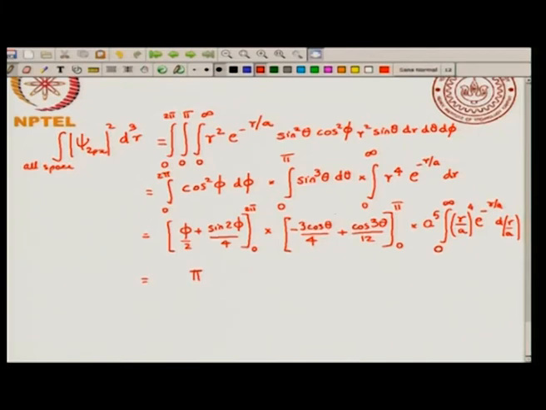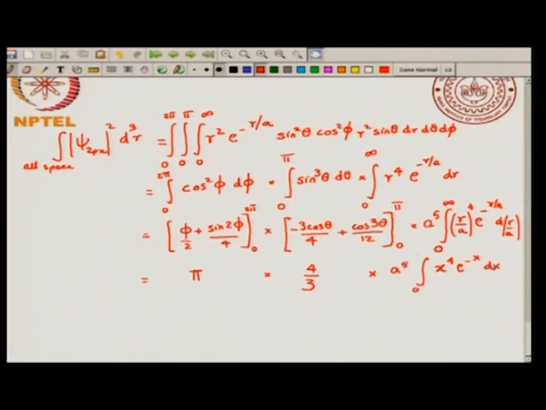This particular expression will give you a factor of 4 by 3. Okay, and finally this particular expression is a raised to 5, and then you have an integral that looks like x raised to 4 e to the minus x dx.